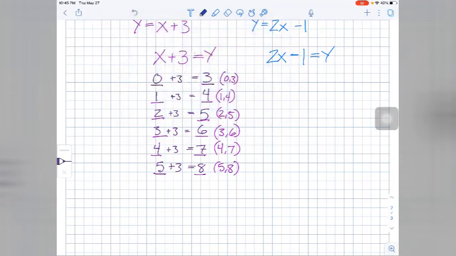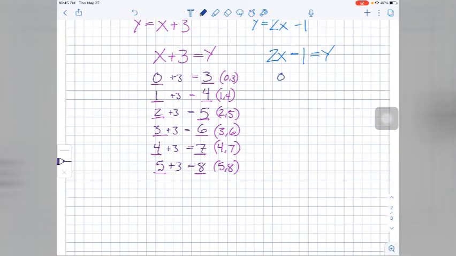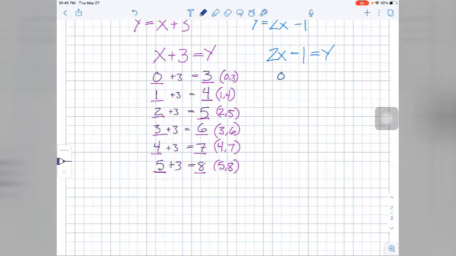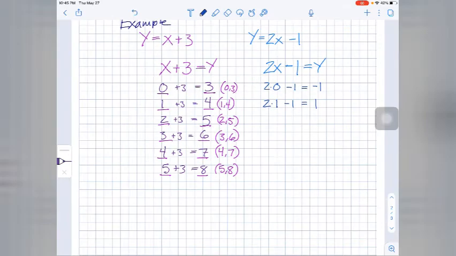So now I'm going to look at the other side. We'll do these when x is 0 over here. 2 times 0 minus 1. 2 times 0 is 0, minus 1 is negative 1. 2 times 1 minus 1. 2 times 1 is 2, minus 1 is positive 1. 2 times 2, if x is 2, is 4, minus 1 equals 3. 2 times 3 is 6, minus 1 equals 5. 2 times 4 is 8, minus 1 is 7.